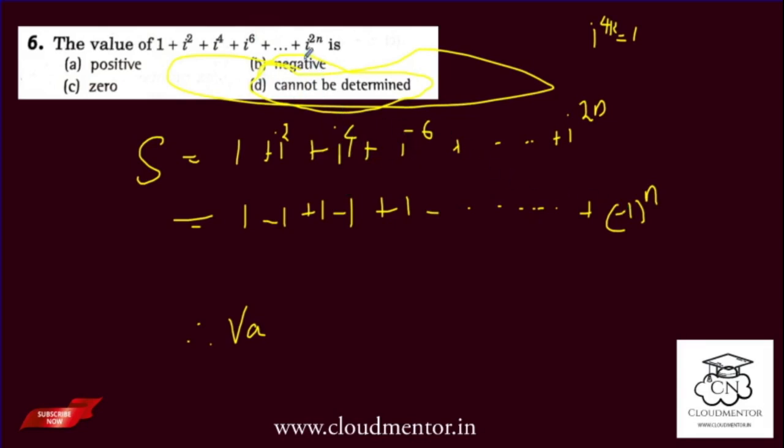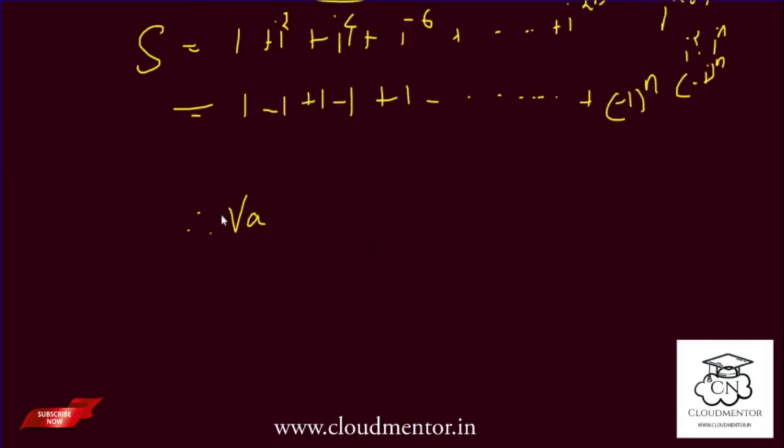At the end, i raised to 2n I can write as i square of i raised to n. So i square is minus 1, so minus 1 the whole raised to n. That's it. And now next question.